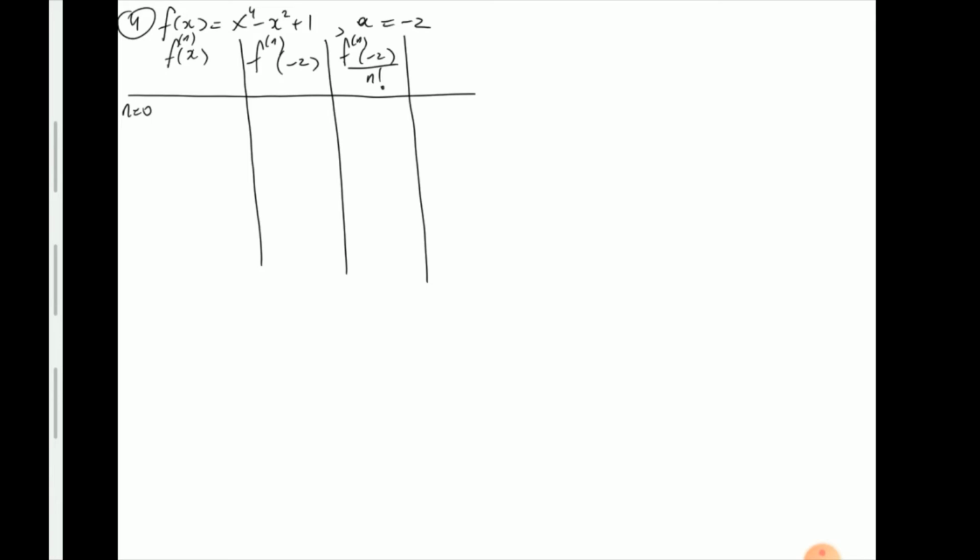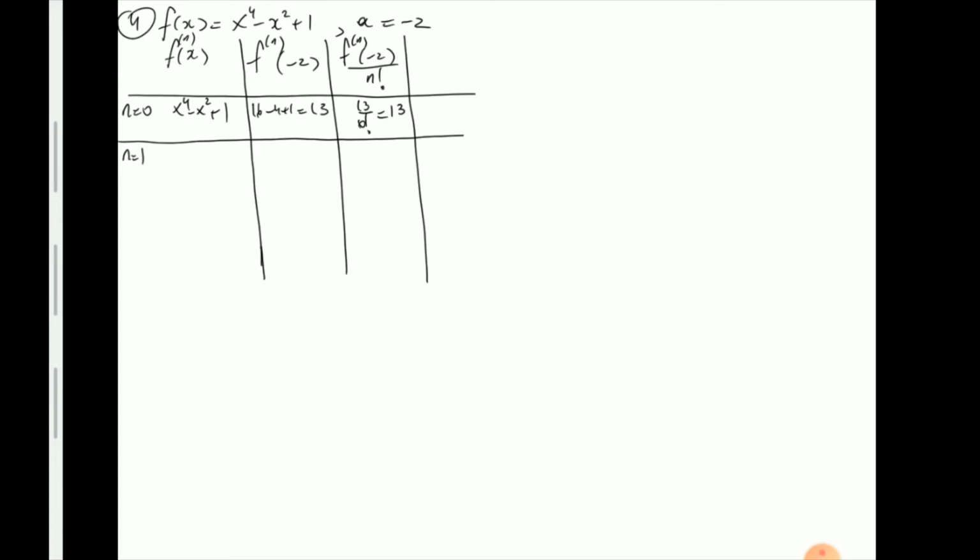So the function itself is x fourth minus x squared plus 1. When I evaluate that at minus 2, that's going to be 16 minus 4 plus 1, which gives me 13. Then it's 13 over 0 factorial, and 0 factorial is 1, so that's equal to 13. That's the first coefficient.